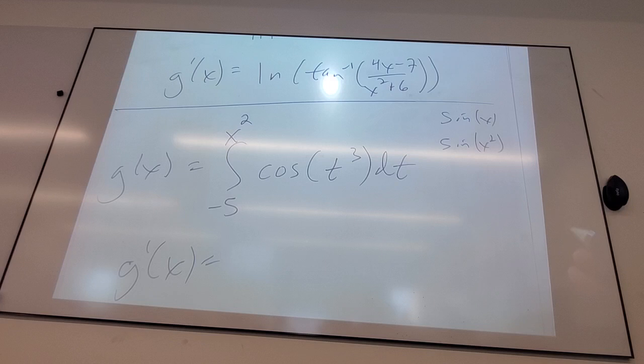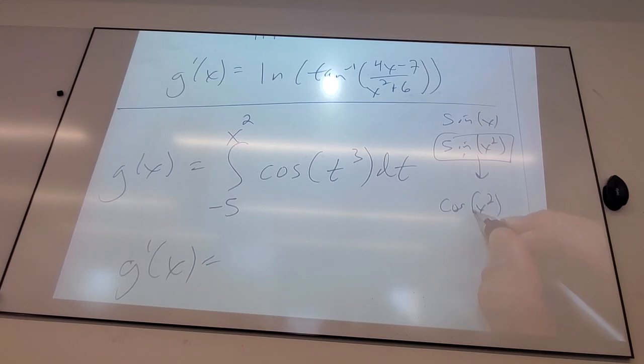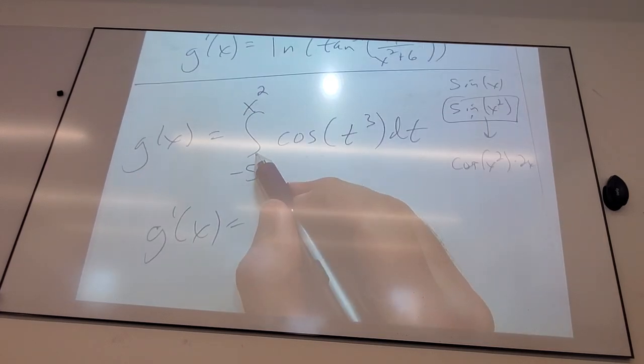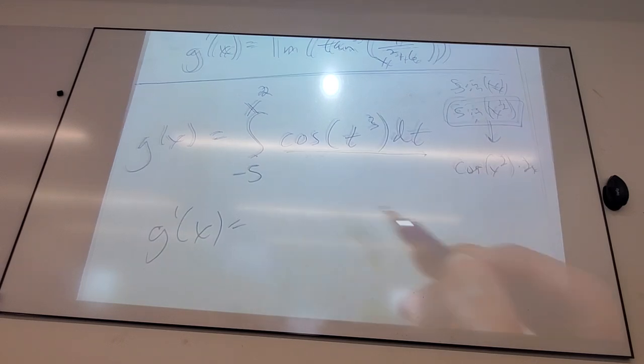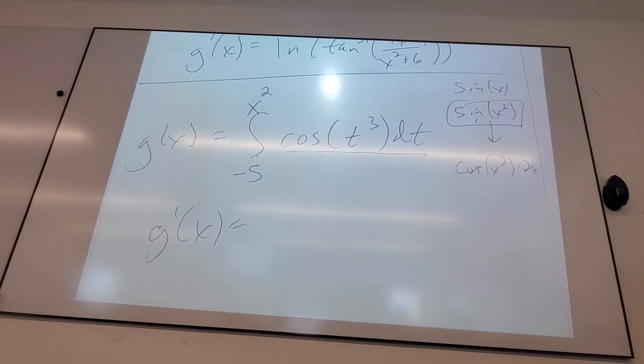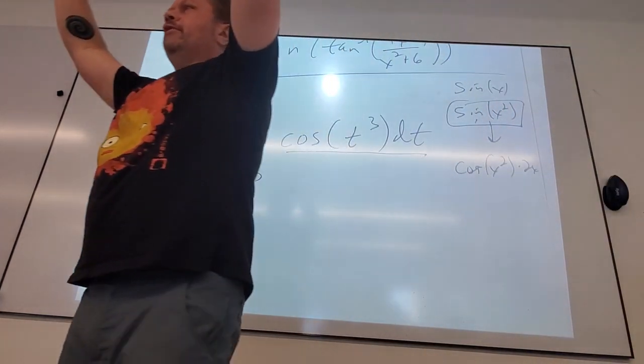How does chain rule work? How would you do sine x squared? How would you take this guy's derivative? Good, derivative of sine. So the first thing I do is I don't care about x squared. Derivative of sine, times, now I care about x. So what's the derivative of the integral of cosine t business? How does the integral's derivative work?